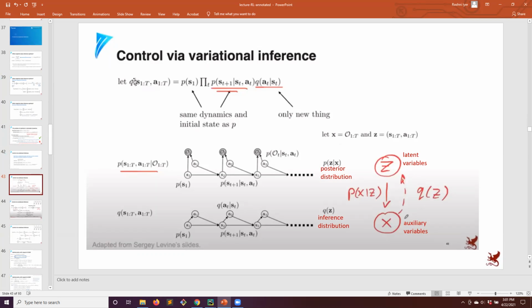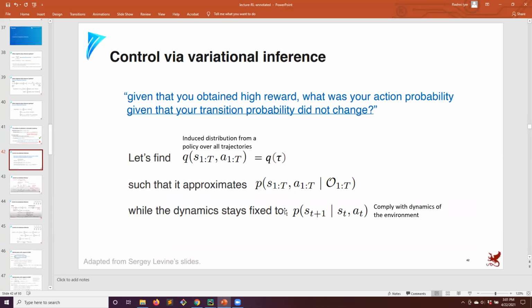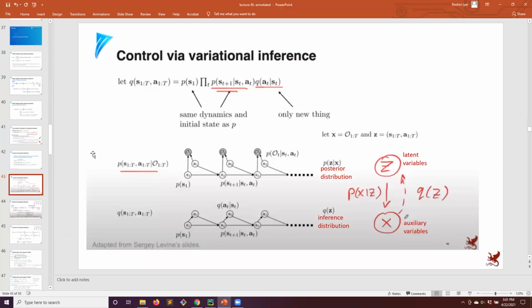We can rewrite this q of tau just like this, as follows. The only thing that is different is that these transitions, we explicitly fix them to be this p of the transition. And this is the only new thing now. Now let's graphically look at this for a moment.